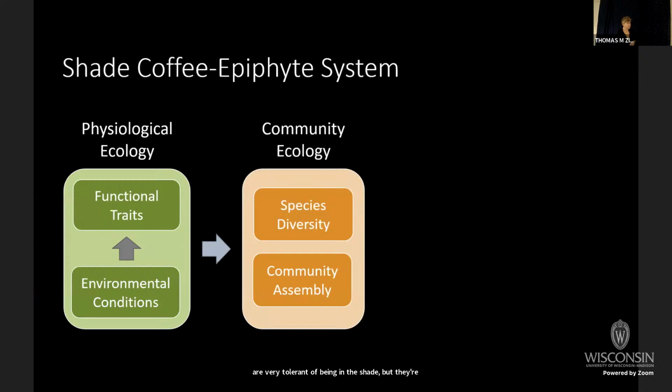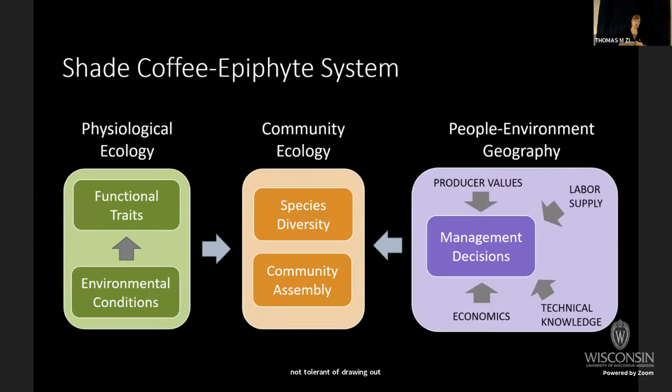So we're going to look at 3 parts of this shade coffee epiphyte system today. I'm going to start out talking about the community ecology, so the diversity of species, where they are in the trees, and how they get there over time.